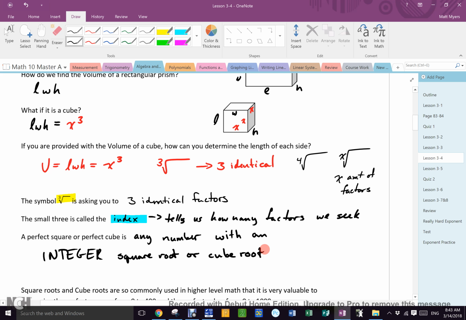Actually, you know what? I'm going to change that to rational, because I want to cover decimals. Remember, the square root of 16 is 4, so that's a perfect square. The square root of 12.25 is 3.5. Since it's rational, it's a perfect square. Everybody cool?